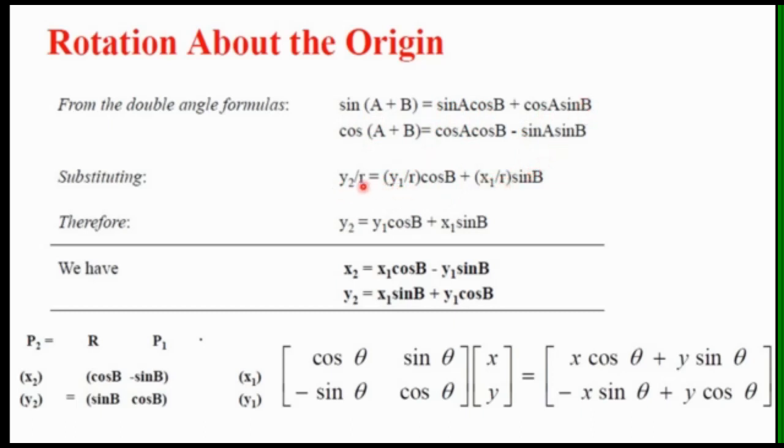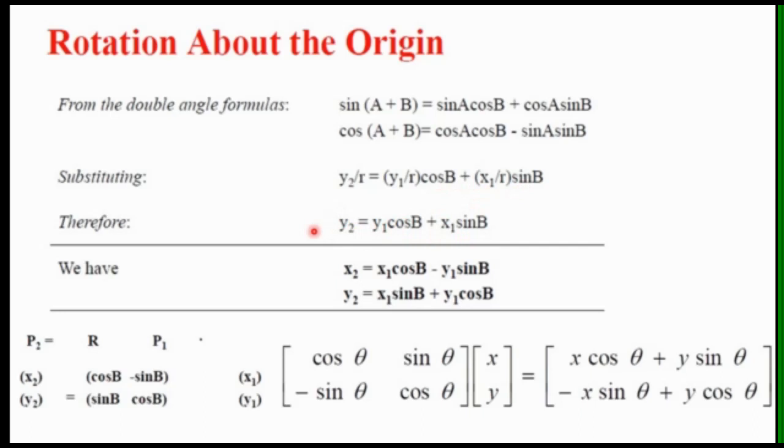After simplifying, we multiply by r on both sides of the equation, r gets cancelled, and we get y2 is equal to y1 cos b plus x1 sin b.